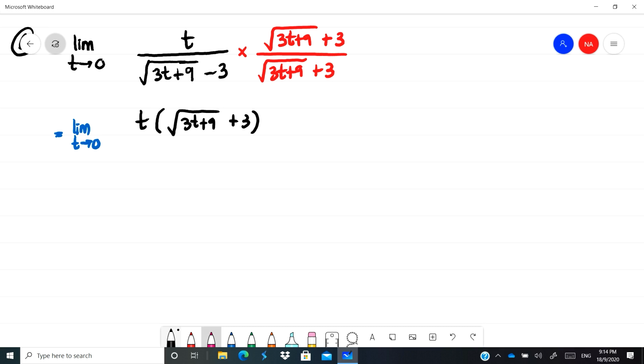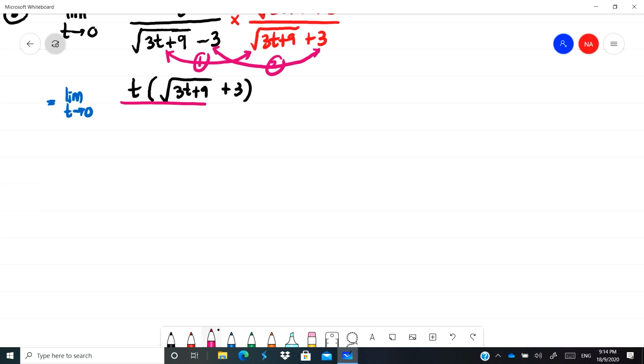What we're going to do is multiply this part to simplify. This is the first part and this is the second part. The first part simplifies as the square root of 3t plus 9 squared, which is 3t plus 9, minus, in the middle, 3 multiplied by 3, which is 9.